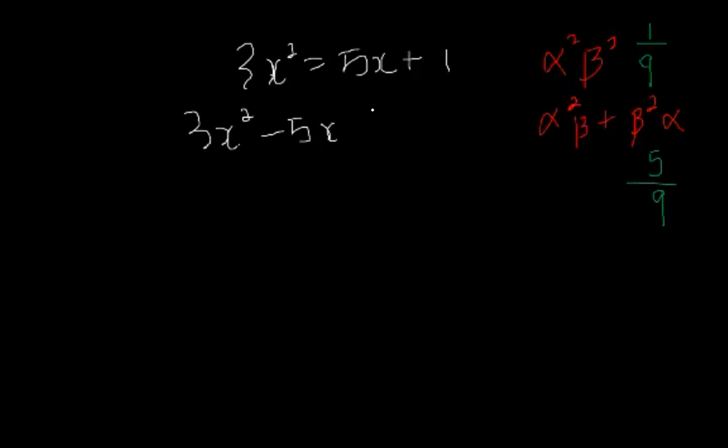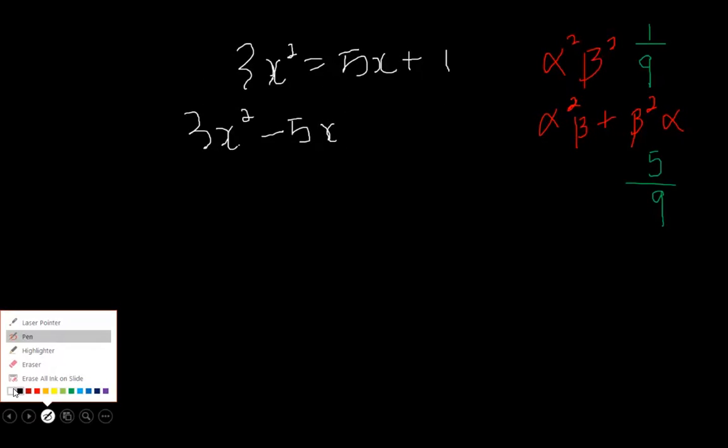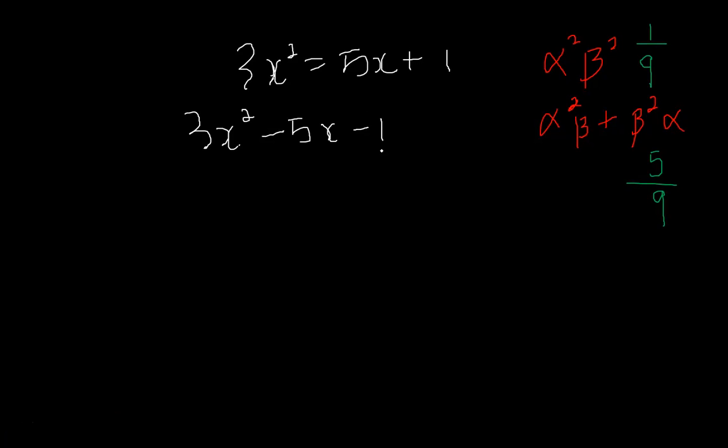You sure it's plus 1? Minus. It would be 3x squared minus 5x minus 1. You understand why it's minus 1 and not plus 1? Not really.